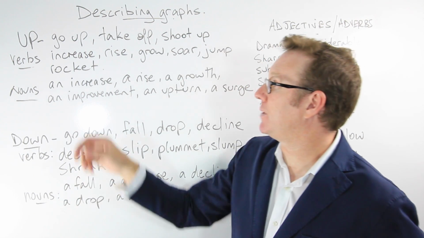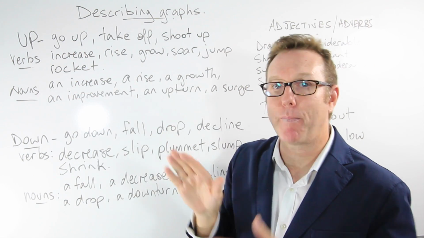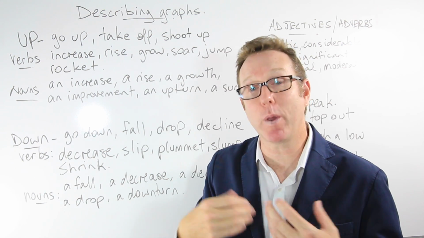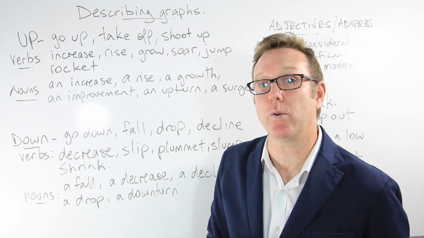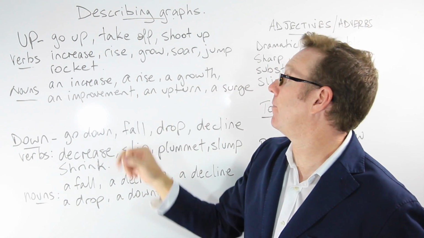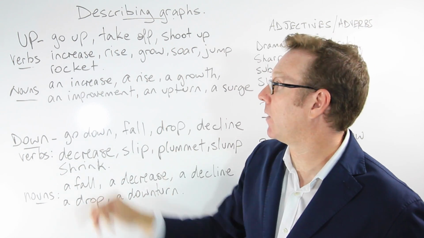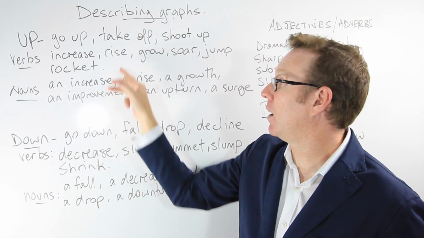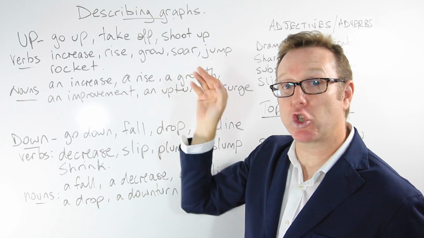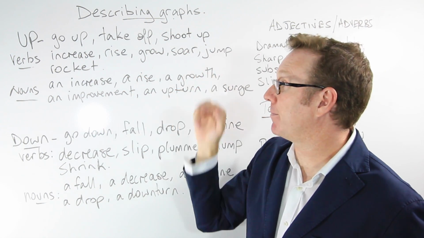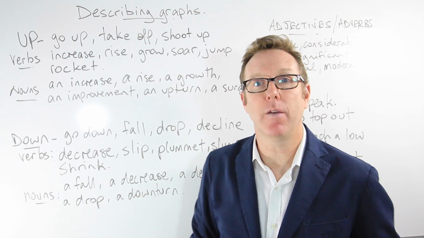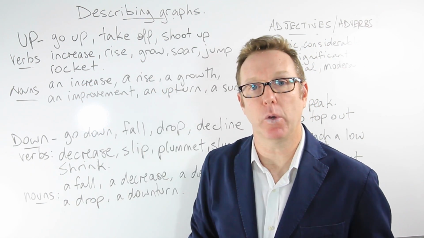Now, all of those verbs here are used when we talk about upward movements on a graph. So we would say, for example, that sales last month went up, they took off, they shot up, they increased, they rose, they grew, they soared, they jumped, and they rocketed, with the extreme being to rocket, okay, meaning to go up very quickly.